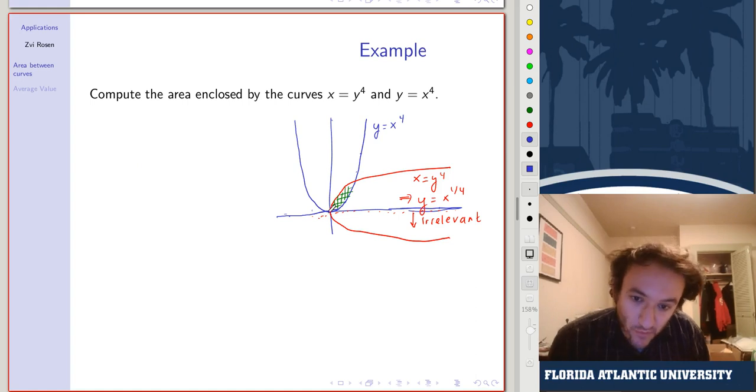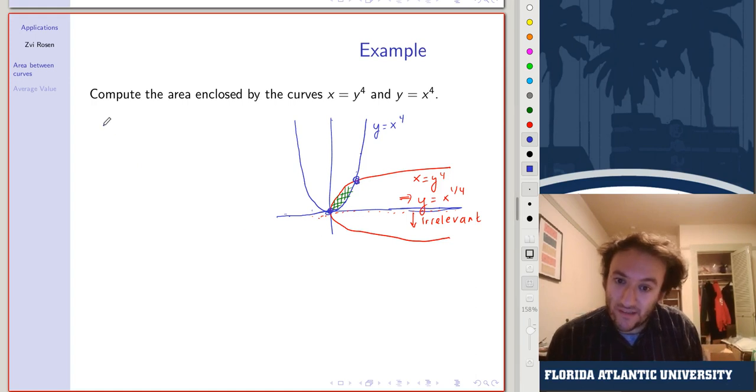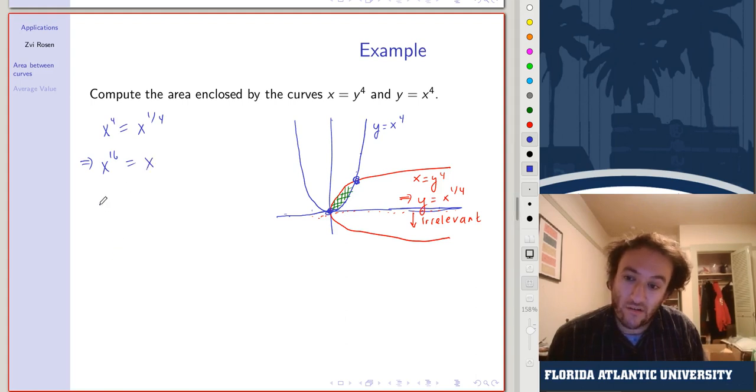Well, first things first, what are these points where the curves intersect? Okay, so when is x to the fourth equal to x to the 1/4 in this region? Well, that's the same as x to the 16th equals x, or x to the 15th equals 1.